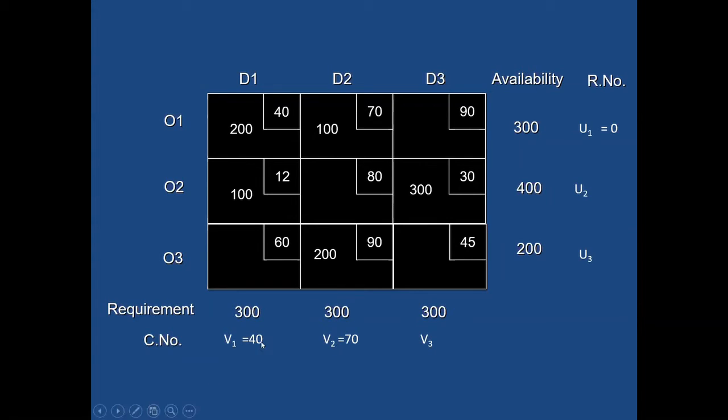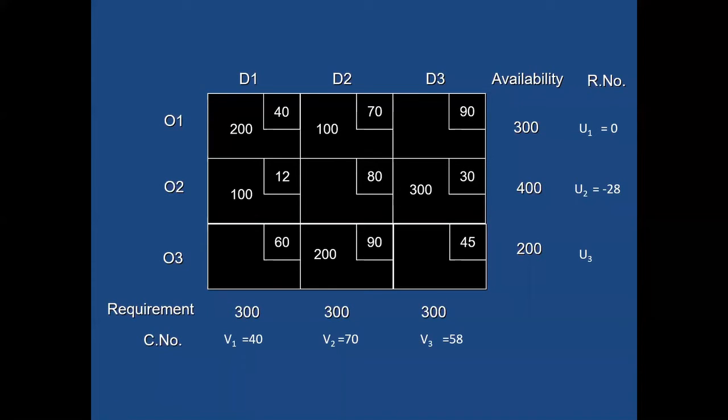Using the value of v1, I have this allocated cell here. I can find out the value of U2. Okay. So U2 will be minus 28. Okay. So minus 28 plus 40 will give me the cost 12. And once we get this value, I can find out the value for V3.